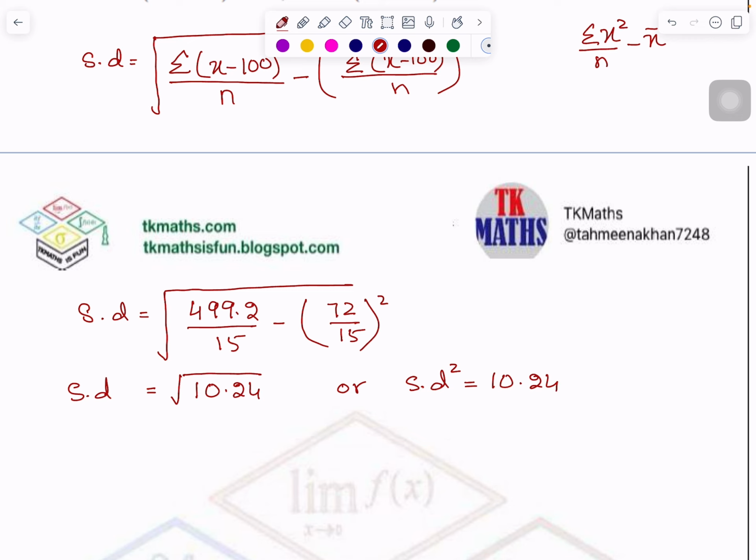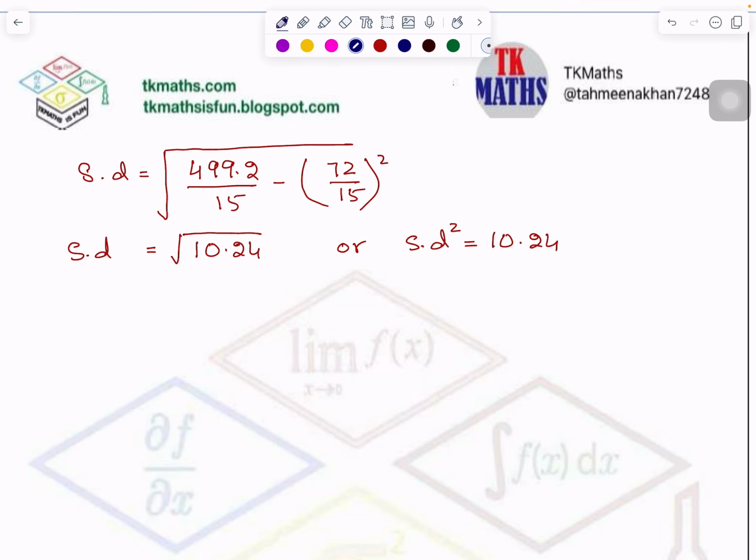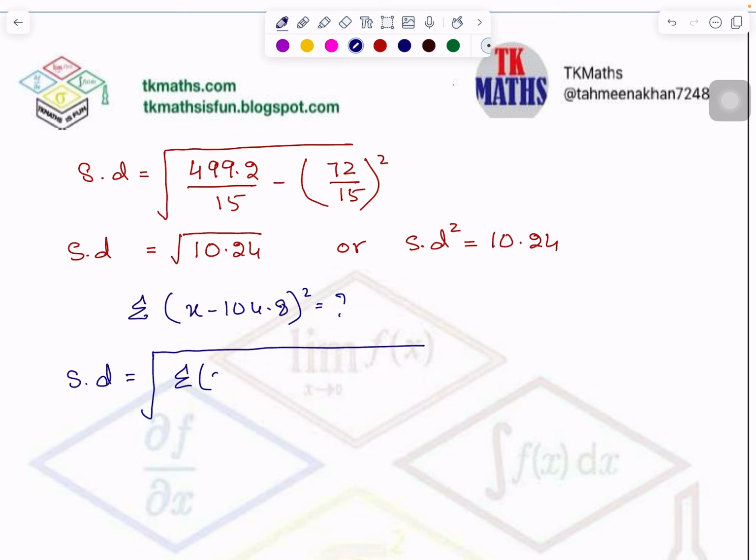Now what do you have to find out? Sigma (x minus 104.8) square. This is what you have to find out. So I'm writing the standard deviation formula again in terms of x minus 104.8. Sigma (x minus 104.8) square divided by n, and of course the mean of it also.